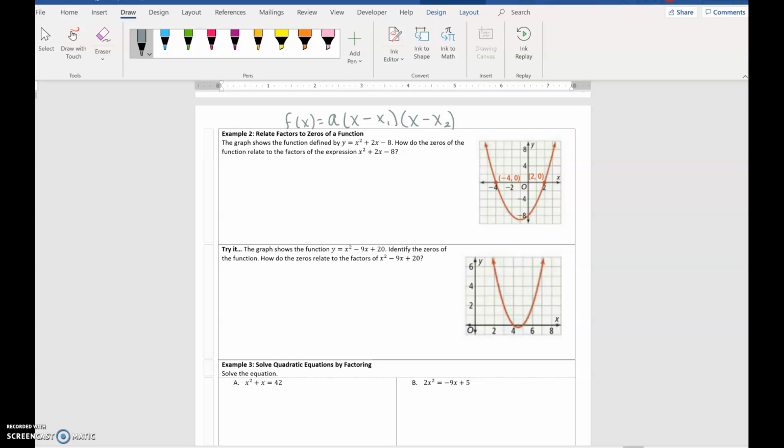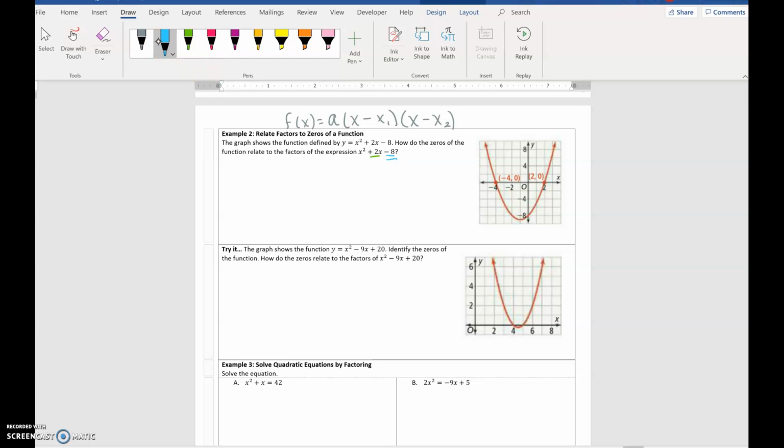So when it says the graph shows the function defined by y equals x squared plus 2x minus 8, how do the zeros of the function relate to the factors of the expression? So we want to go ahead and factor this, so we're going to look for what multiplies to negative 8 and adds to 2.